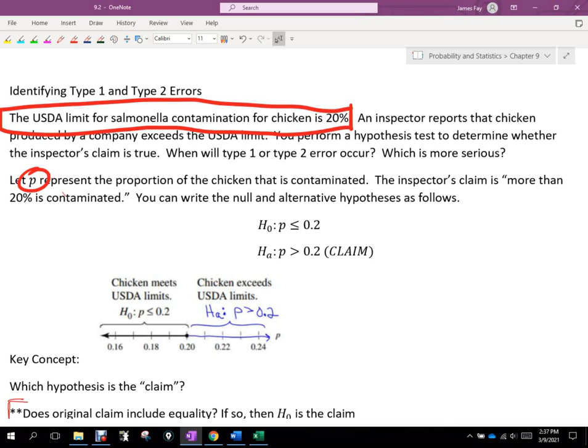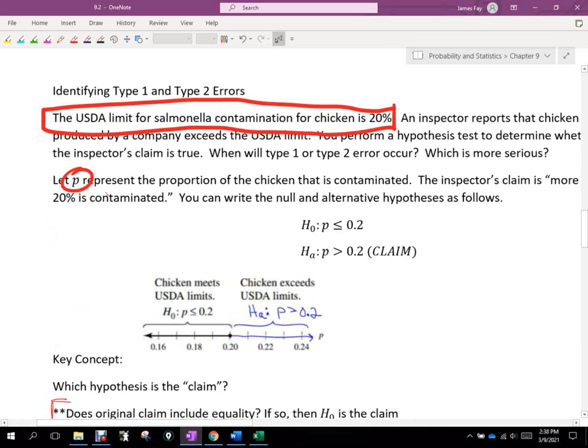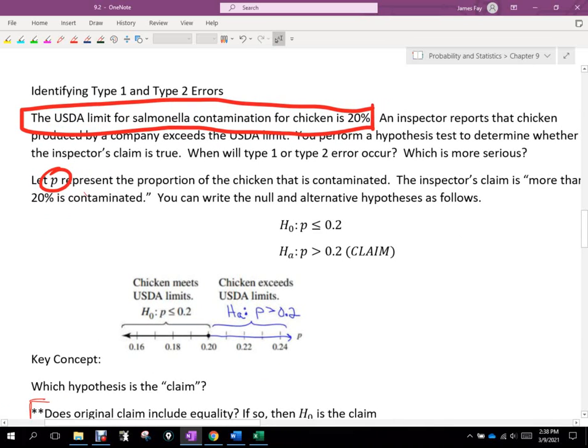We have to be able to read the scenario and identify that. A lot of times they will use the word claim. This one says reports. Sometimes you'll see the word believes. A lot of them use the word claim, but that's the null and alternative hypothesis.